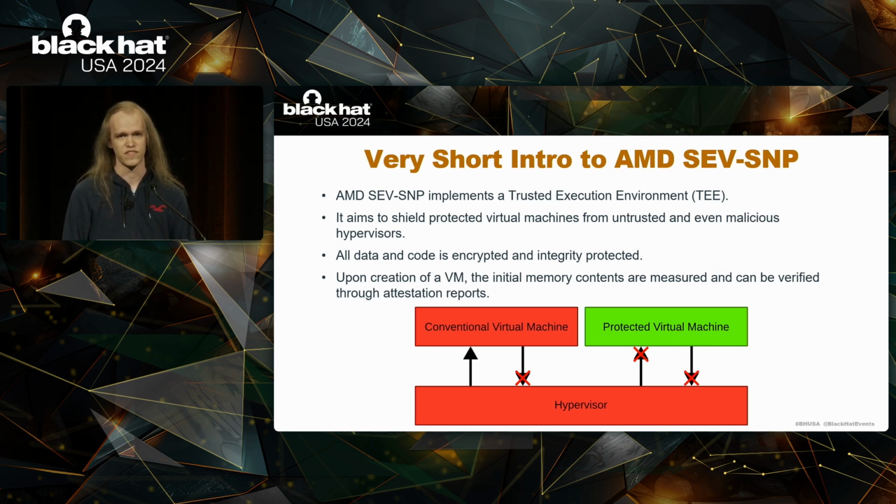However, AMD SEV-SNP actually implements a hardware extension directly in the CPU that makes sure that all of the memory that's owned by the VM is first of all encrypted, so that the hypervisor can't just read the secrets, but all of the memory is also integrity protected, and that way the hypervisor can't tamper with the guest like it could potentially do with a regular VM.